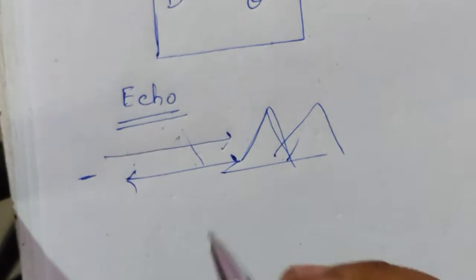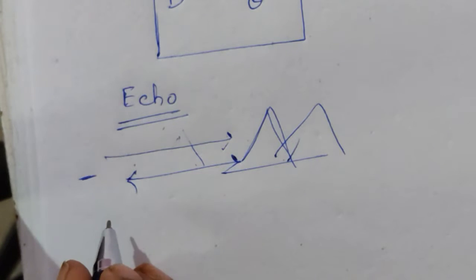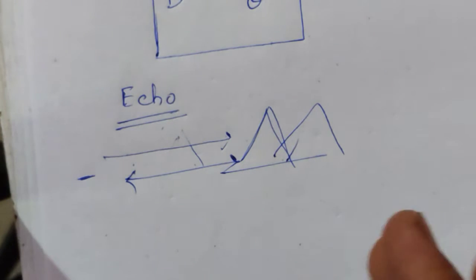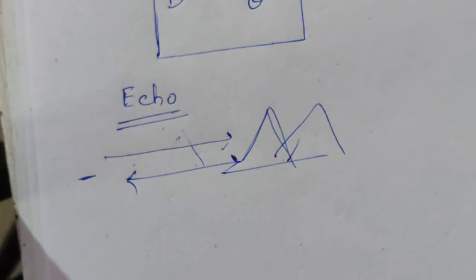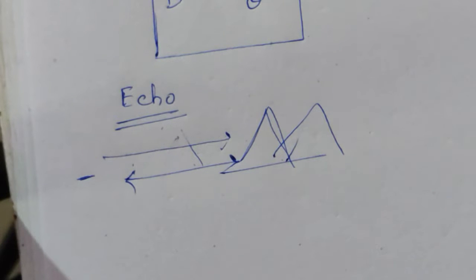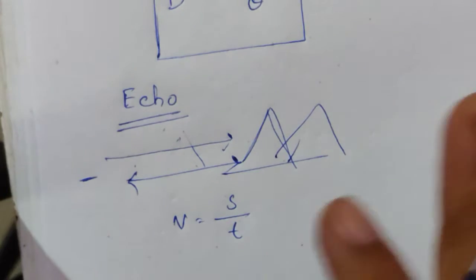the direction of the hill, and the time interval between the instant of firing and the instant of hearing the echo of the gunshot will be noted down. During that time interval we can measure the distance by the simple velocity or speed formula, that is v equal to distance upon time.